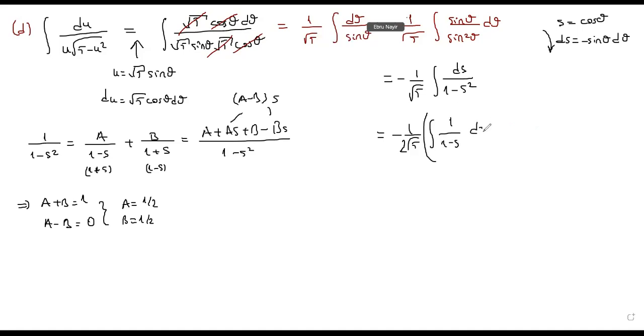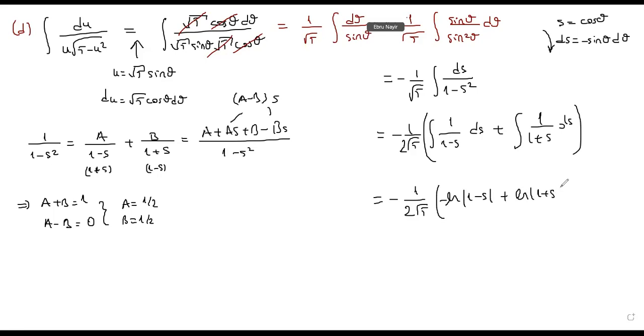1/(1 minus s) ds plus 1/(1 plus s) ds. And you know how to solve them. You will get minus 1/2 square root of 5 ln of 1 minus s plus ln of 1 plus s, right?